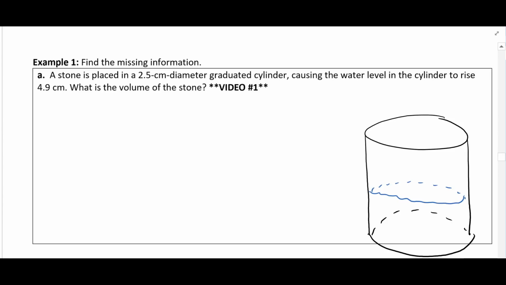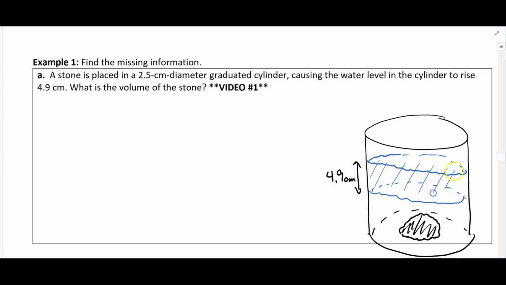And then when I take my rock and I put it in there, the water level is going to rise. So now once I put the rock in, the water level is going to rise to there. And they tell me that the water level in the cylinder rises 4.9 centimeters.